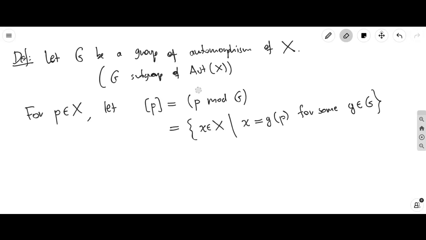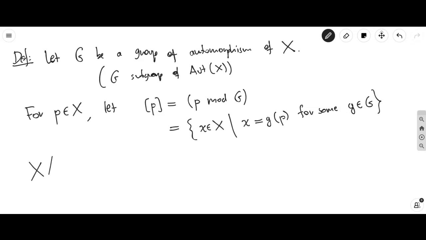So this would be the points that can be obtained from P. So you pick a point, and then if you take different automorphisms and apply them to that P, you get different points. And all of the different points you can get, you call that P mod G.